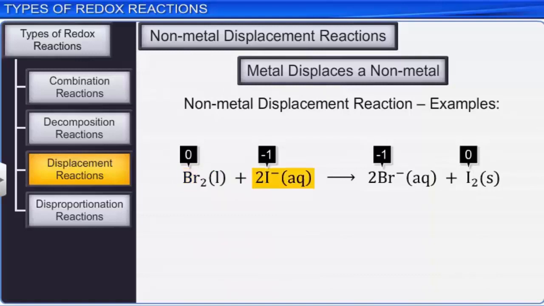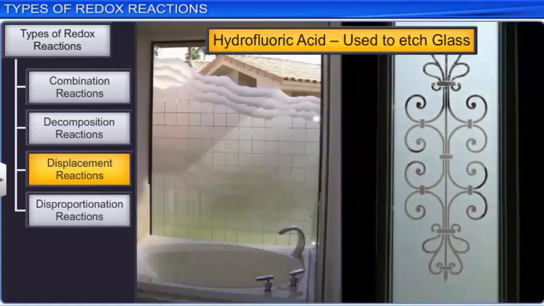Halogen displacement reactions are used in industrial applications to produce chemicals, such as hydrofluoric acid, which is used to etch glass.